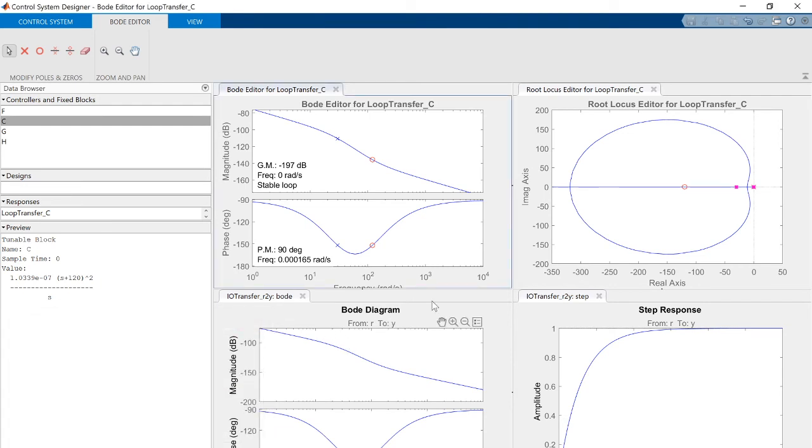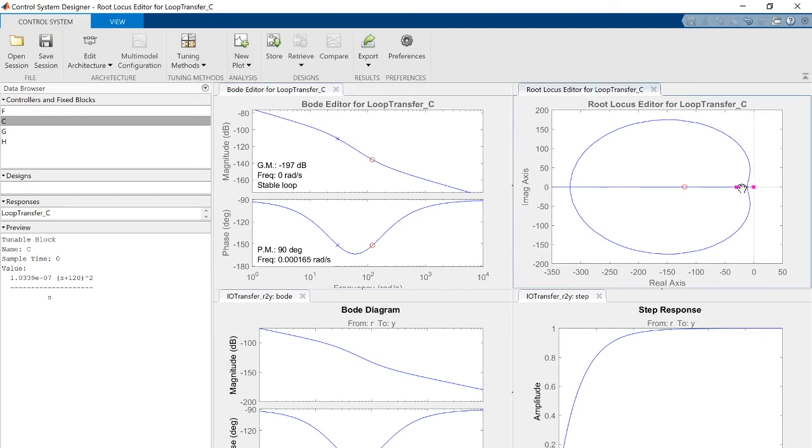Now I've implemented a full PID on this, and you can see we've got this initial slope in here of minus 20 dB per decade, which is going to give me my steady state error. I've got a minus 20 dB per decade across here, which I'm going to slide up across my crossover frequency. And let's see if we can do this by changing the gain over here.